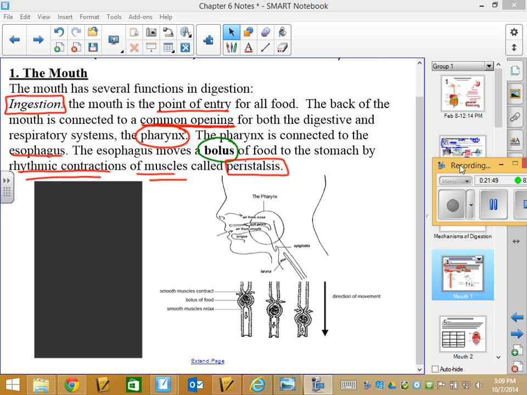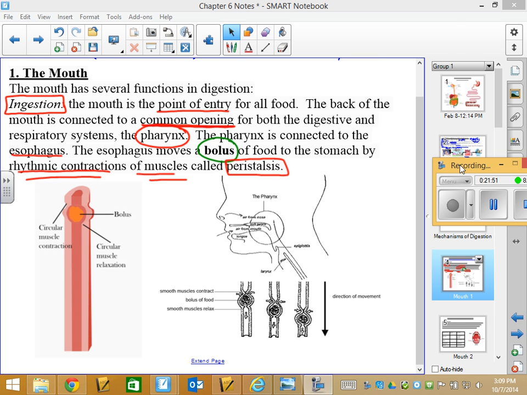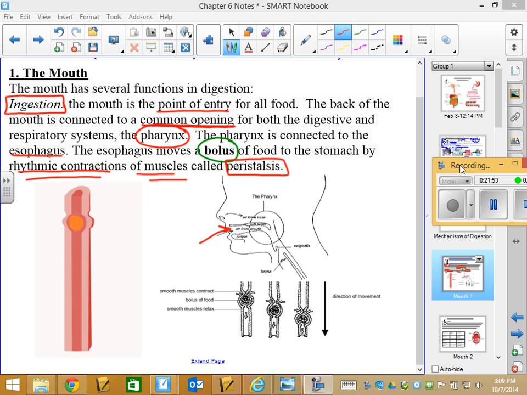So the idea that we're discussing is that food is going to go in your mouth, through your pharynx, and into your esophagus. Now, the way that your body protects food from going into your lungs, which someone asked me before, is by having little pieces of tissue that cover up your respiratory system opening.